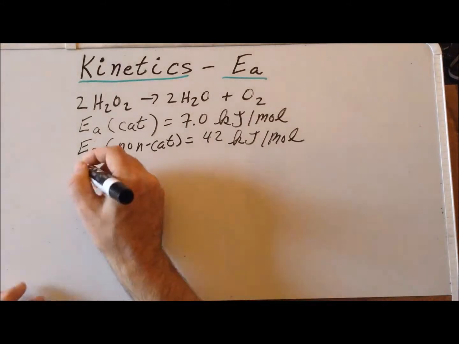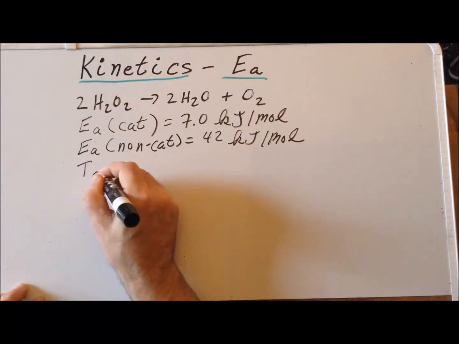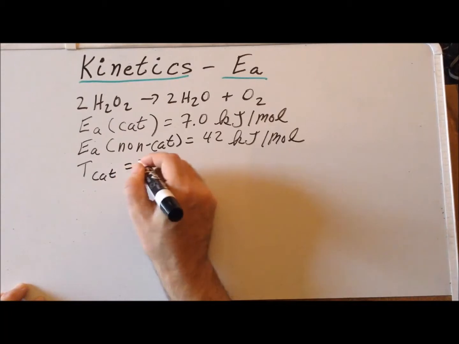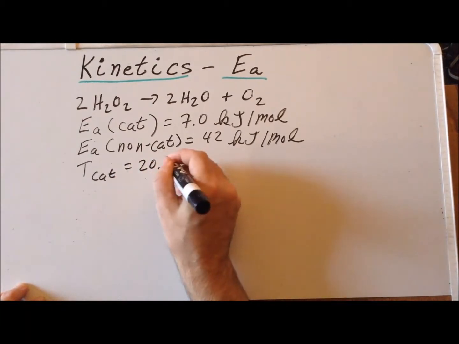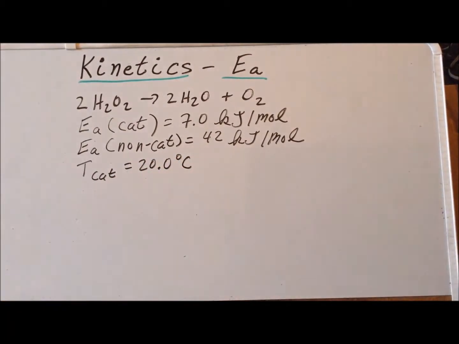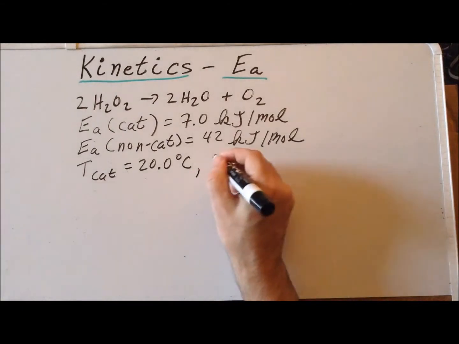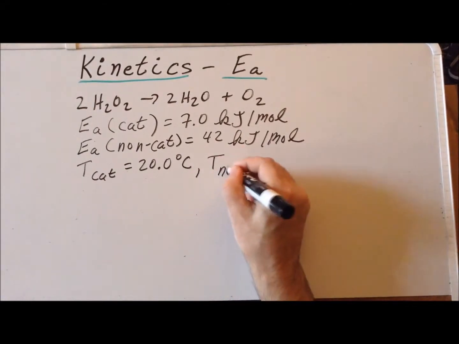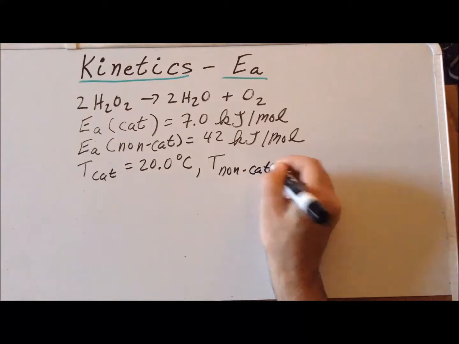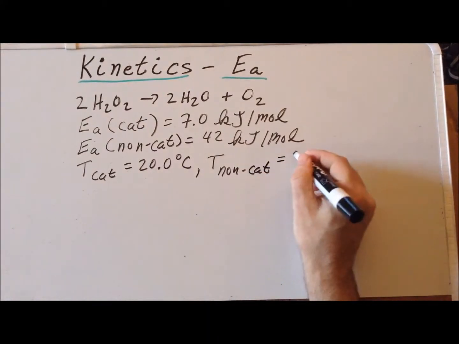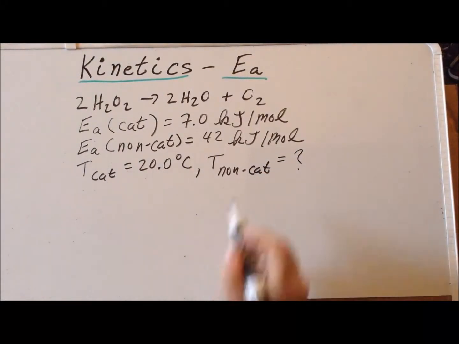Now suppose that this reaction takes place, it is catalyzed at 20 degrees centigrade. Now we want to figure out at what temperature the reaction would have to take place if it was not catalyzed, so that the rate of reaction would be exactly the same as the catalyzed reaction at 20 degrees centigrade.